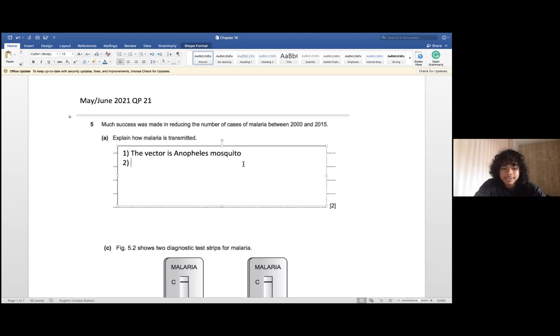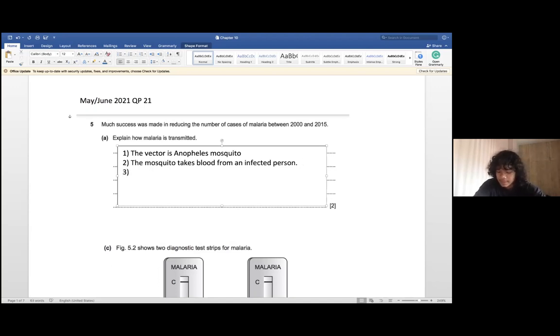So what it does is it basically takes blood from an infected person. Now the mark scheme would give this point 1 mark, so it's sufficient for 2 marks. But if you guys aren't comfortable with this, you can add another one.